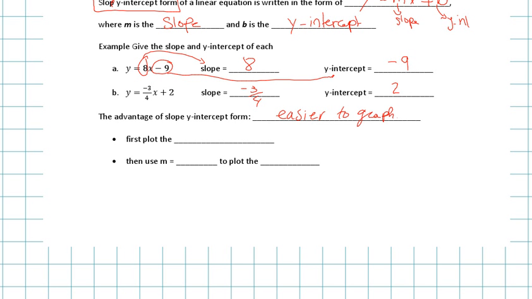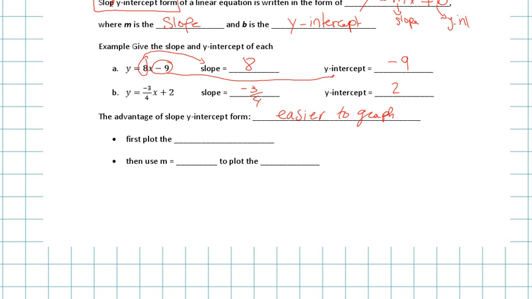So, in order for me to graph the slope y-intercept form, I have to first plot the y-intercept. That's minus 8.